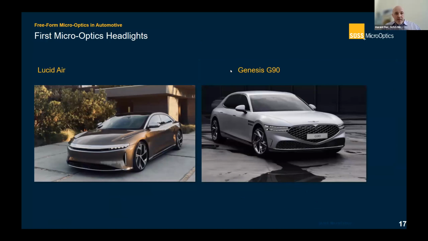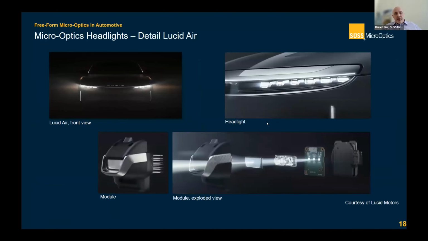Headlights, we have already two production headlights on the street, Lucid Air and Genesis G90, which is not on sale in Europe, as far as I know. And if you look at the construction of one of these headlamps, you see that it's a very compact optical module.